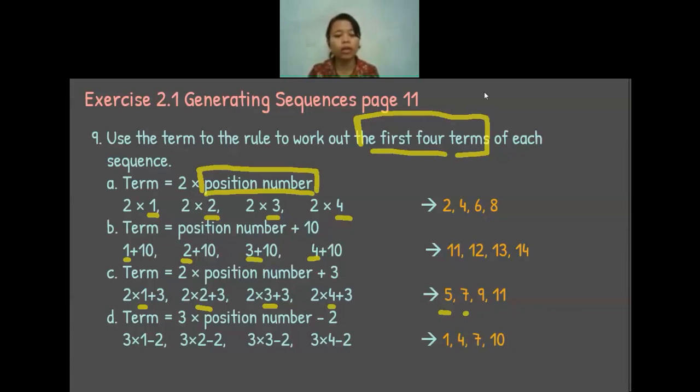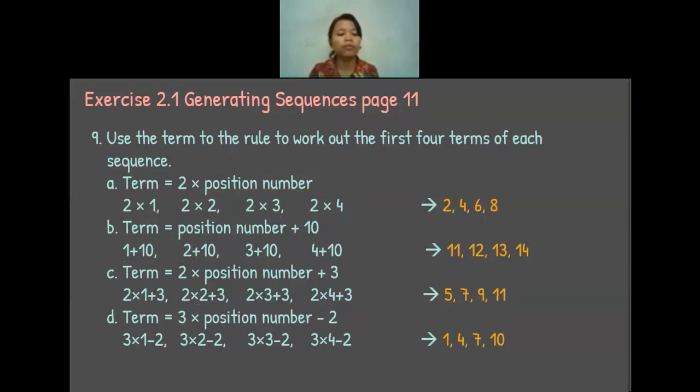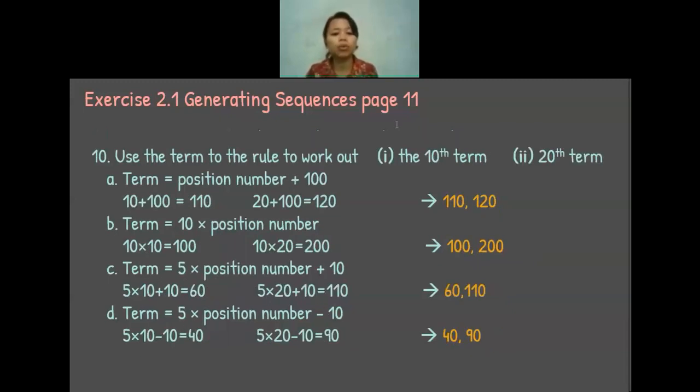No question? Okay. If you have no question, I will move to question 10. Use the position to term rule to work out the 10th term and also the 20th term. It does not always start with 1. It depends on the question. Because the previous question says first four terms, which means the first, second, third, and fourth.